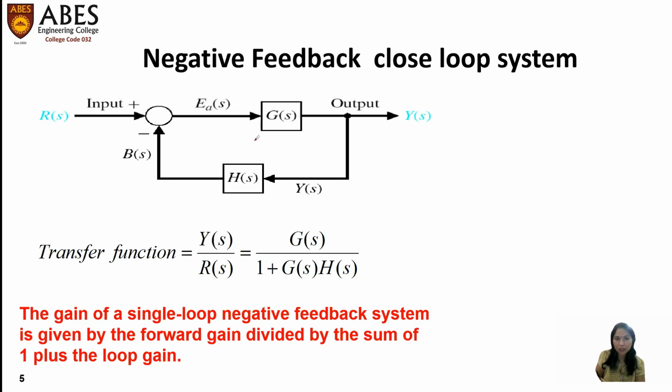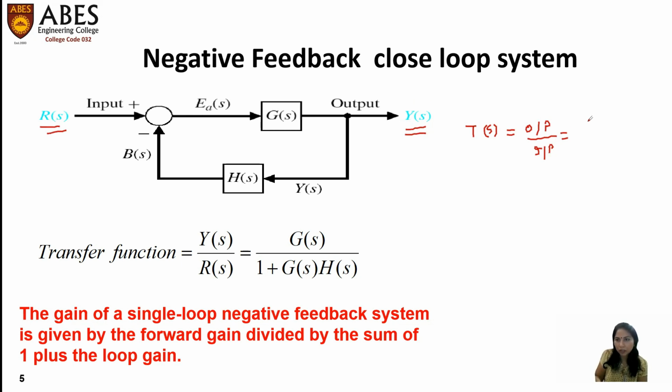I have considered here the closed loop system block diagram. Now we have to find the transfer function for this negative feedback closed loop system, right? What we have learned, the transfer function, suppose T(s), is nothing but output upon input, which is equal to, here we have represented output by Y(s) and input by R(s).